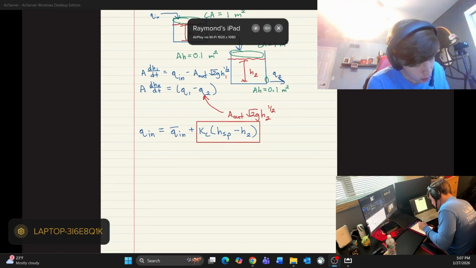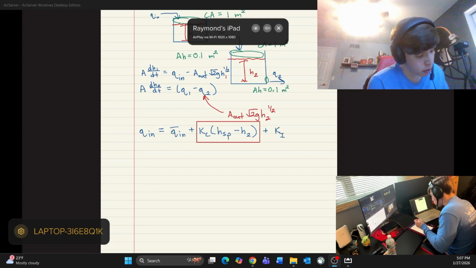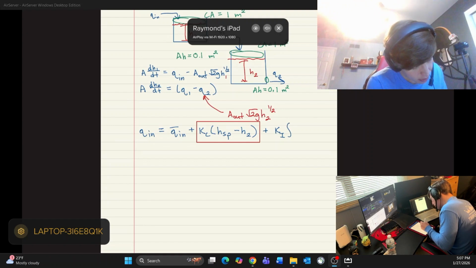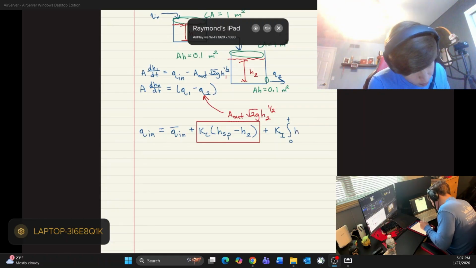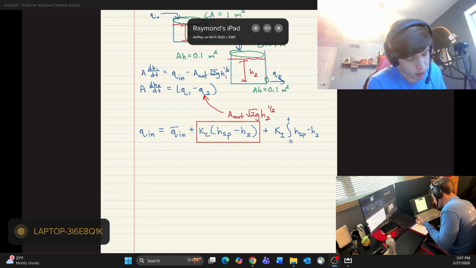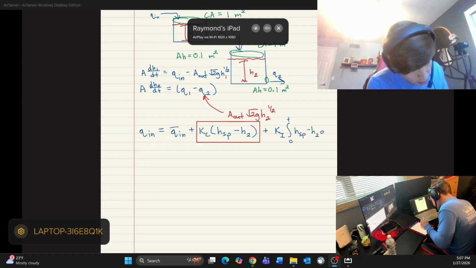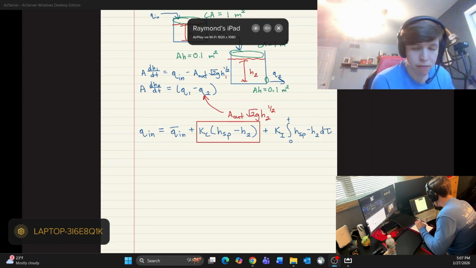And so when we want to apply our integral controller, we can look at it as Ki, and then it's an integral controller, so we simply look at it as an integral from 0 to our value of t, or time in this scenario. And this will just be our same equation as our error, which is h set point minus h2. And now what we do is we actually integrate this in terms of tau.